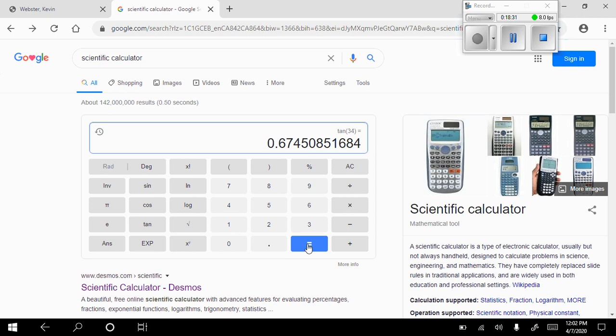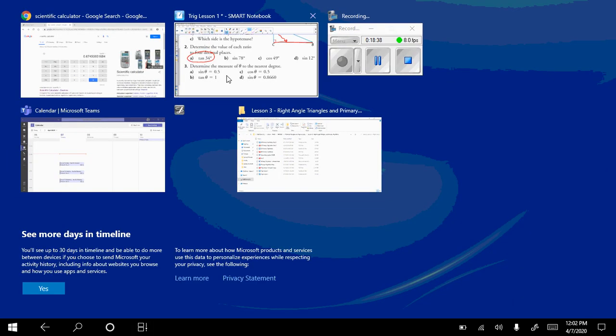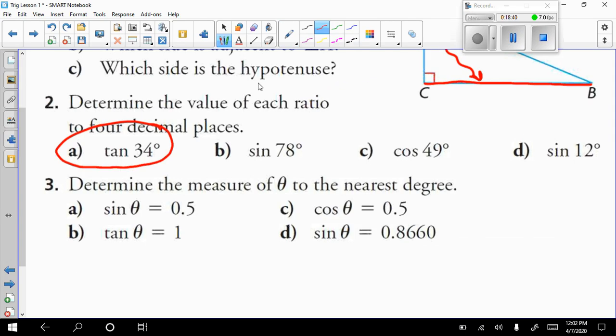And it gives me 0.6745. Okay, so I can write that in. So you can use a calculator to determine each ratio, and they asked me for 4 decimal places, so that's what I did.